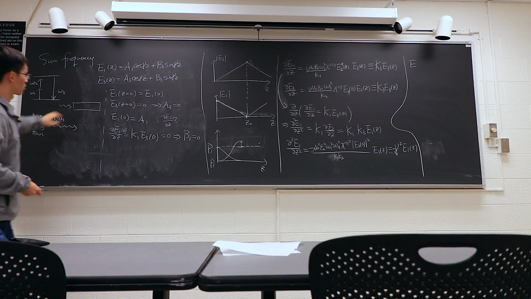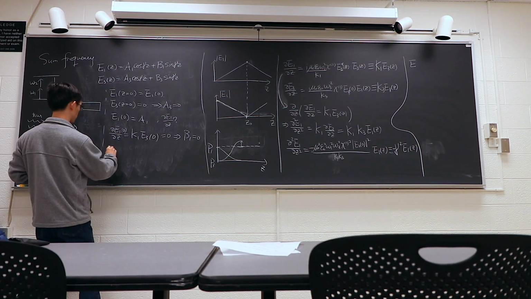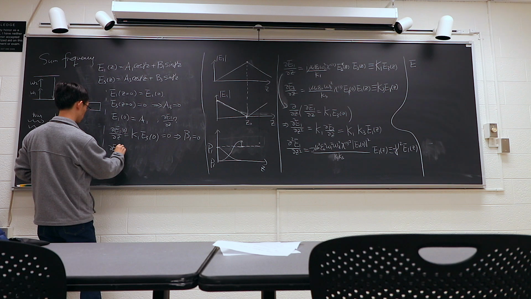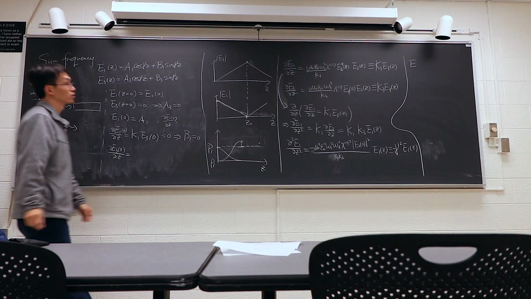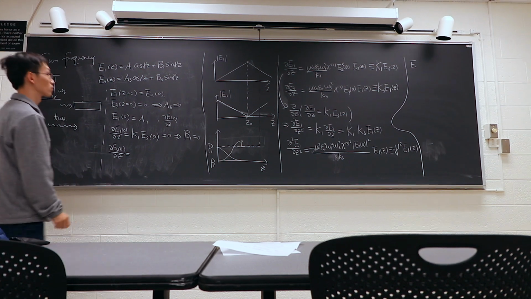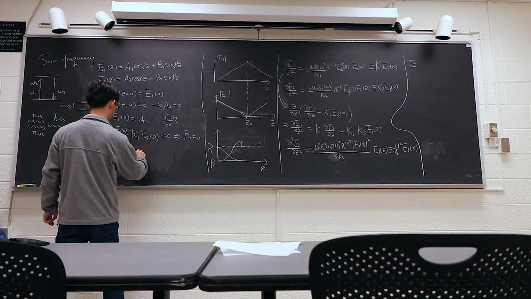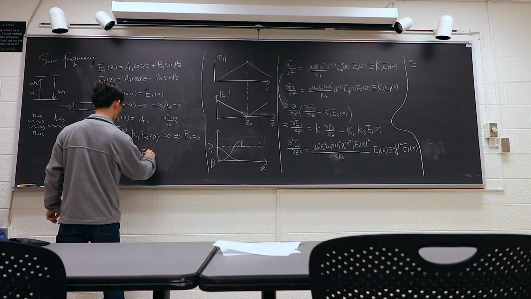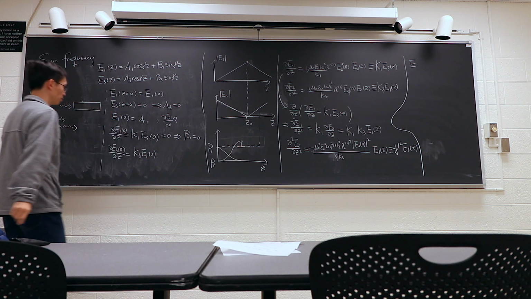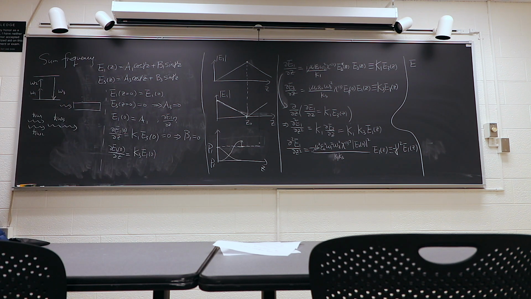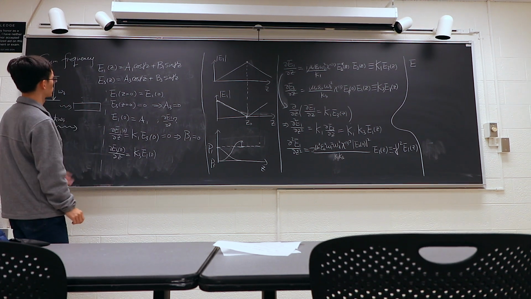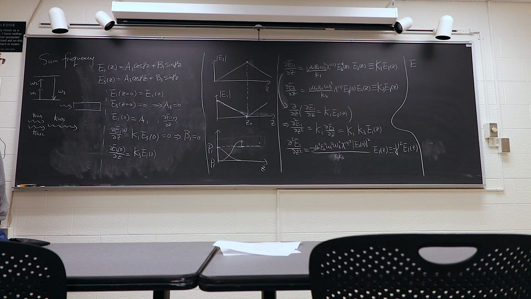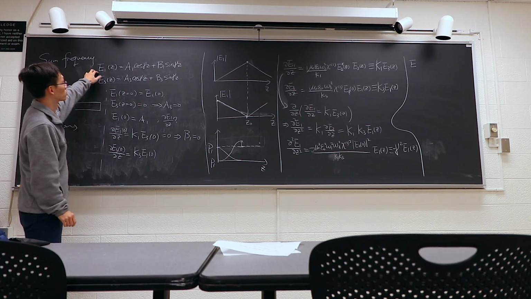And now let's go with E3. This one equals K3 E1, so this is non-zero. And of course it should be non-zero, otherwise you have maximum E1.